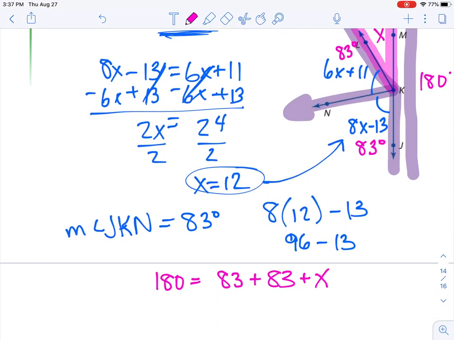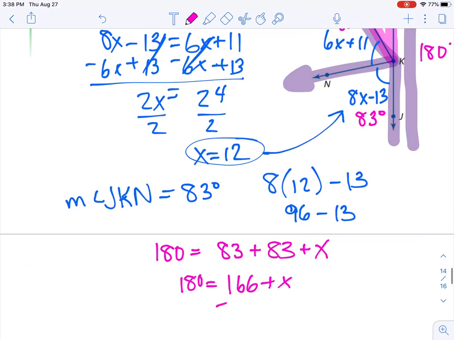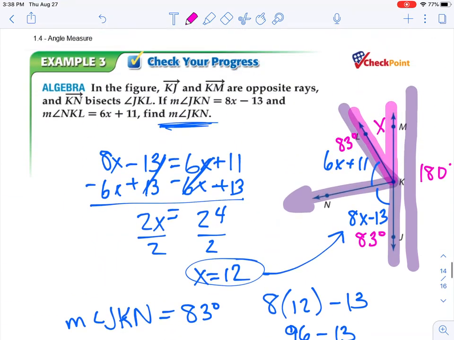And then you can go ahead and solve for x. This one's going to be pretty obviously not drawn to scale. We get 14 degrees is the solution for this angle here.